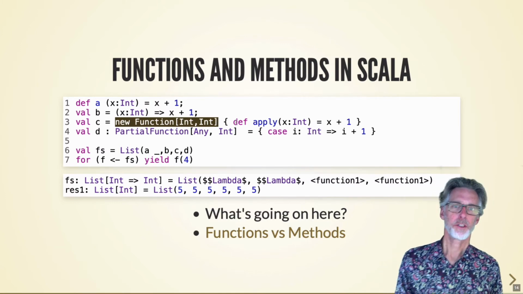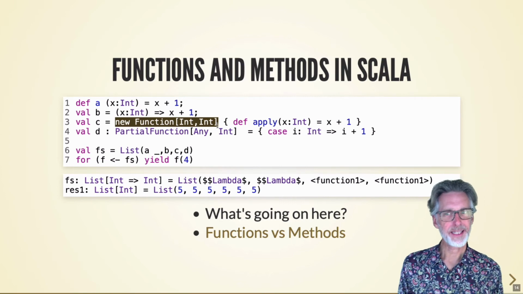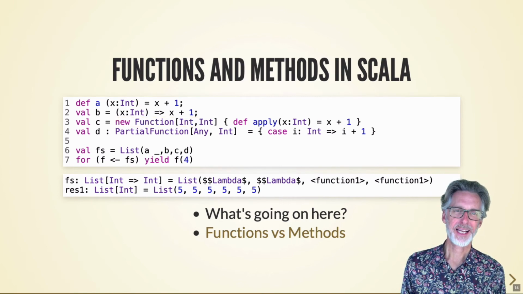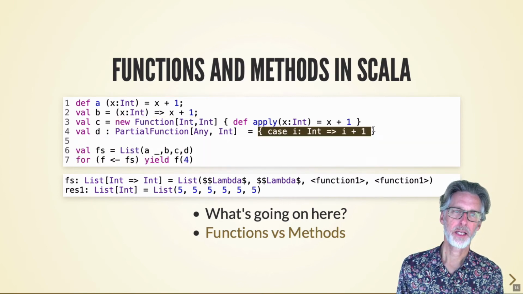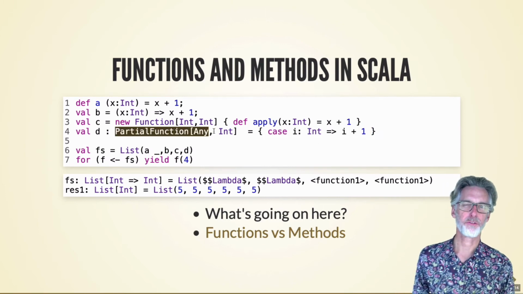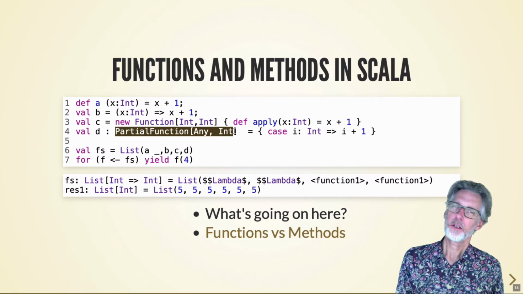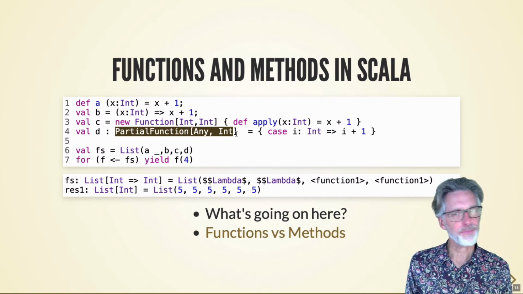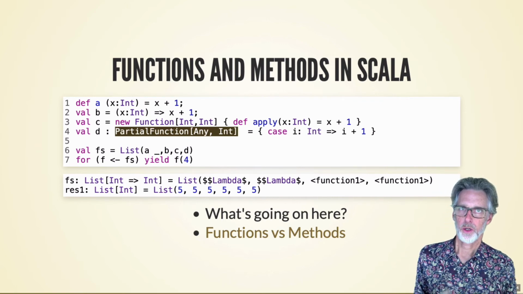And functions in Scala are also related to the case statement. So when I use a case statement in Scala, what I'm actually generating is a partial function. So all of this gets a little bit complex, but for now I just want to point out this dualism between objects and functions.